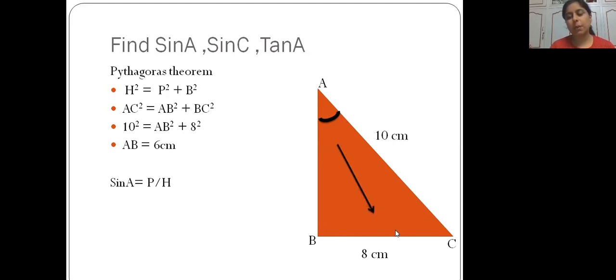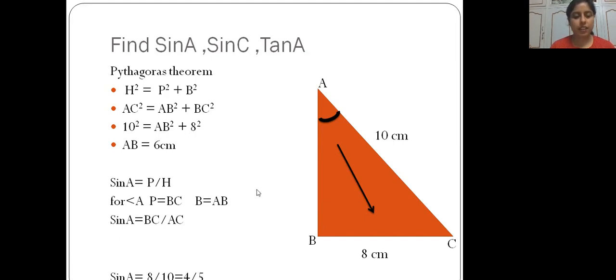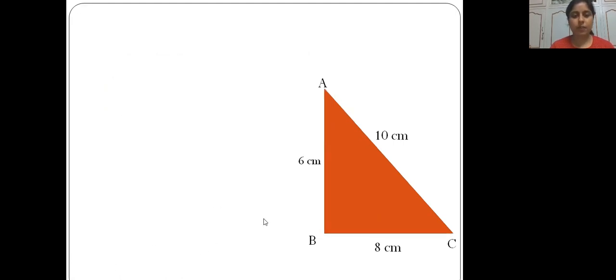So BC becomes our perpendicular and AB becomes base and AC is hypotenuse. For sin A, it is perpendicular BC, hypotenuse AC. By putting the value of BC and AC, we can calculate the value of sin A, that is 8 by 10. By lowering these terms, we can calculate the value of sin A, that is 4 by 5.